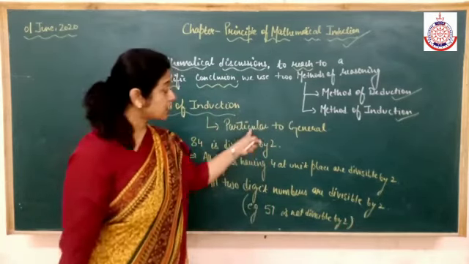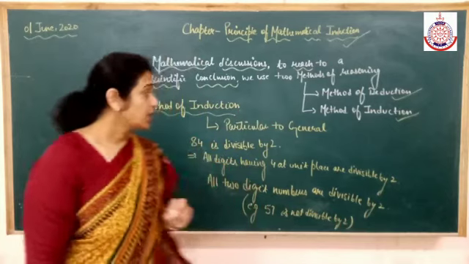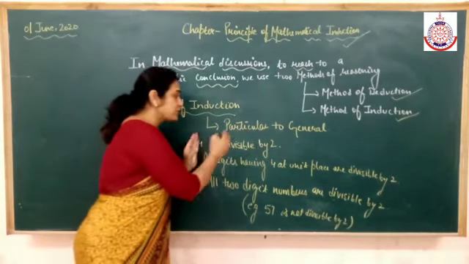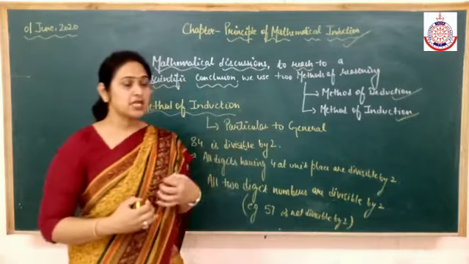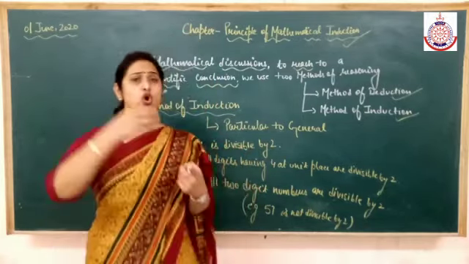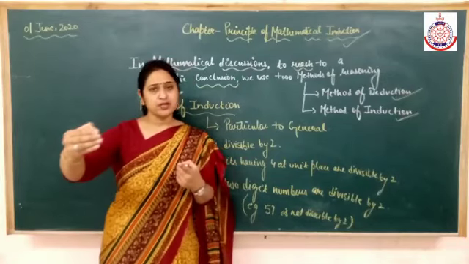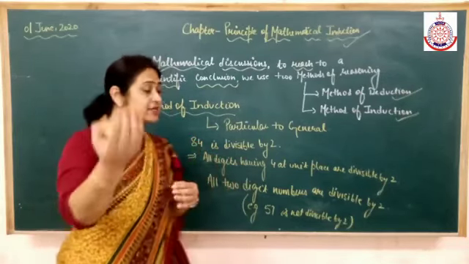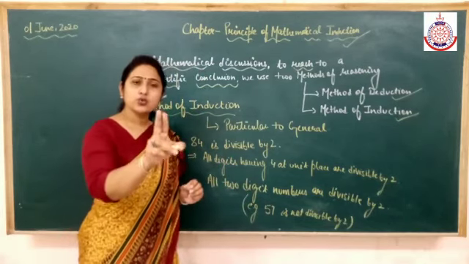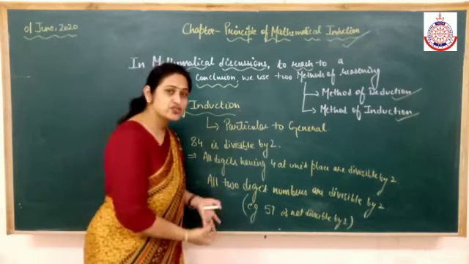It means there's a problem in this method. If I say from particular to general that 84 is divisible by 2 because it has 4 at the unit place, so all numbers having 4 at the unit place would be divisible by 2, that's my perception. But somebody else comes and says all 2-digit numbers are divisible by 2. But that's not true.